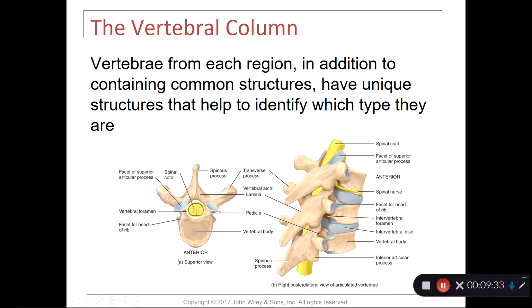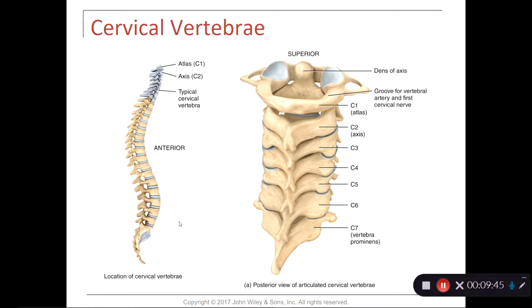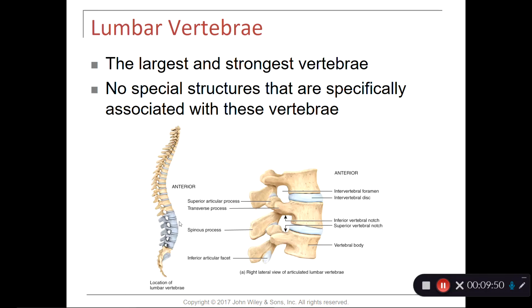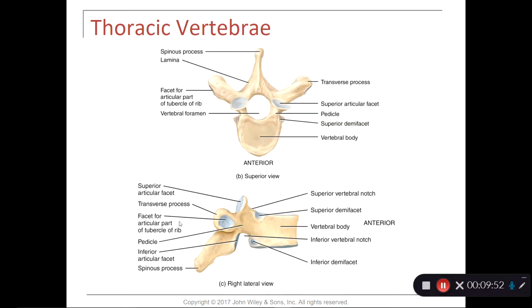You're also going to notice that it doesn't really have those holes off to the side like the cervicals did. Remember that the thoracic and the lumbar don't have those transverse foramen. You are going to notice one other thing about the thoracic vertebra: it does have a receiving spot for your ribs that doesn't exist in other parts of the spinal column.